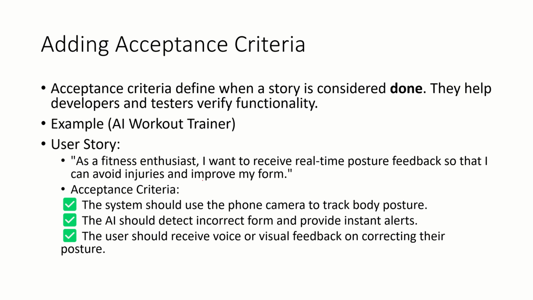As a fitness user, I want to receive real-time posture feedback so that I can avoid injuries and improve my form. The system should use the phone camera to check the posture, and the AI should analyze and detect incorrect form and provide an instant alert. The user will receive the alert as voice or visual feedback on correcting their posture.